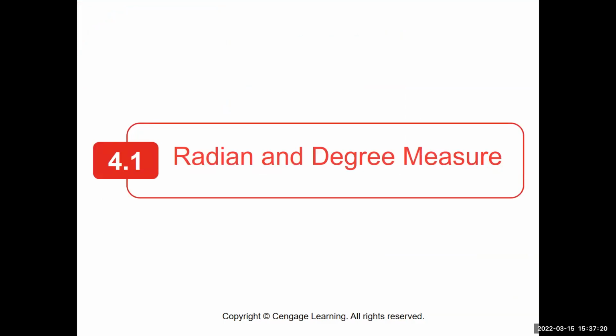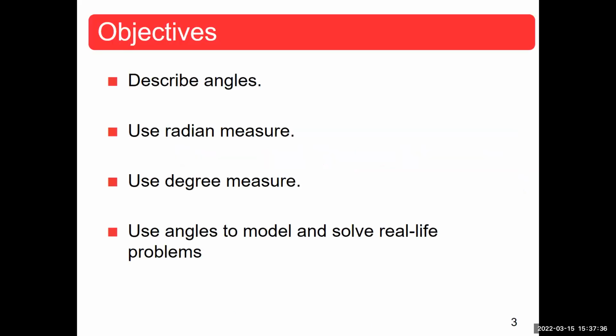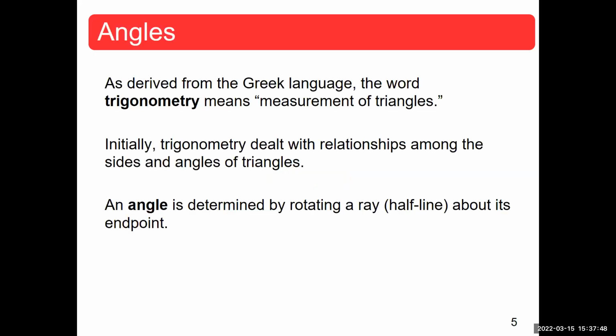Radian and degree measures. Those are the two popular ways of measuring angles, radians or degrees. Angles. Well, everybody knows angles.